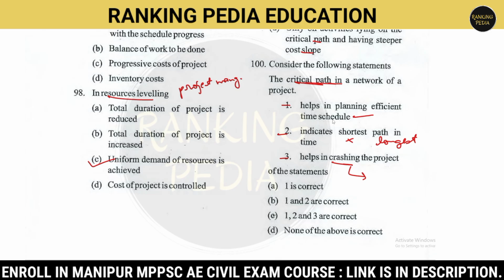Crashing means shortening the project by adding more resources. So first statement is correct, and the third statement is correct. Second statement is not correct, and this is not mentioned in any of the options given below. So option number D, which is none of the above, is correct.